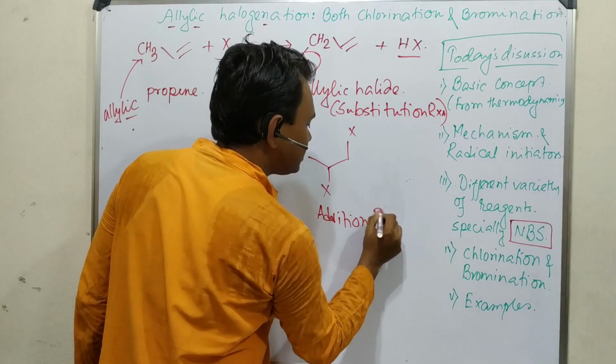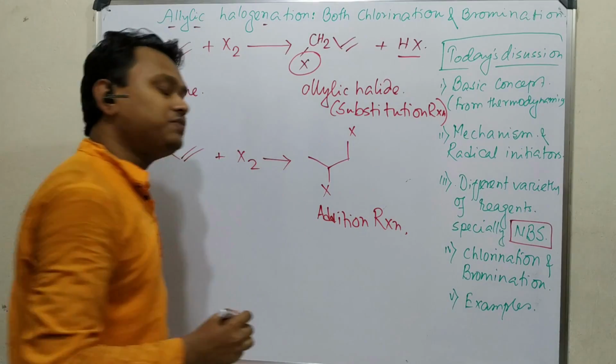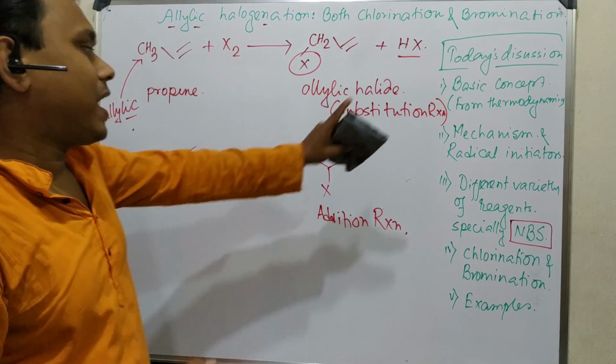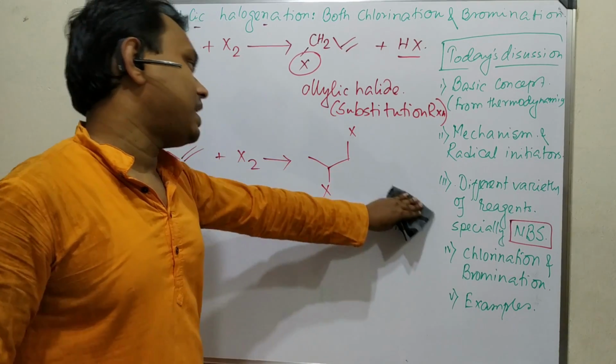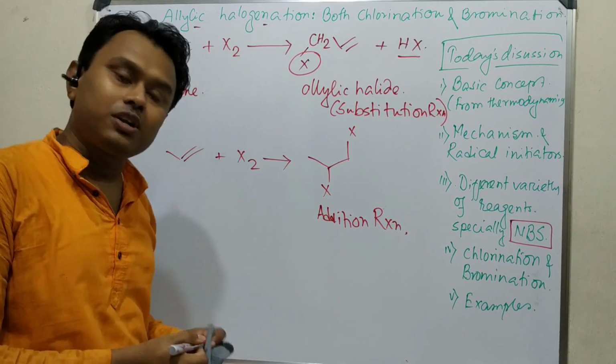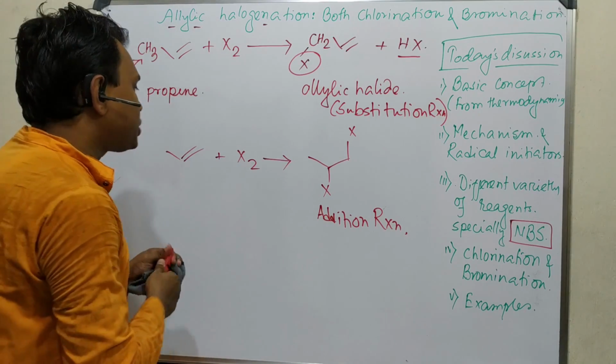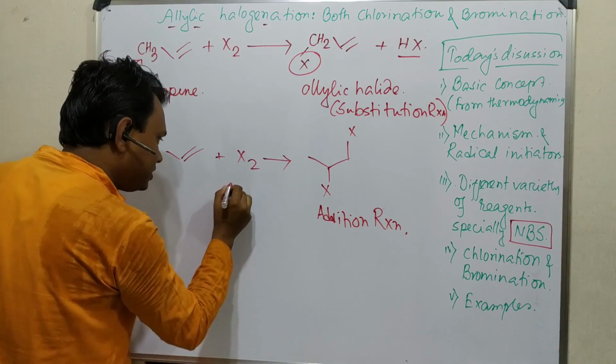This is the addition reaction, and in a previous video I explained the addition of halogen in detail. It happens through the formation of a bridged halonium cation. What do I mean?